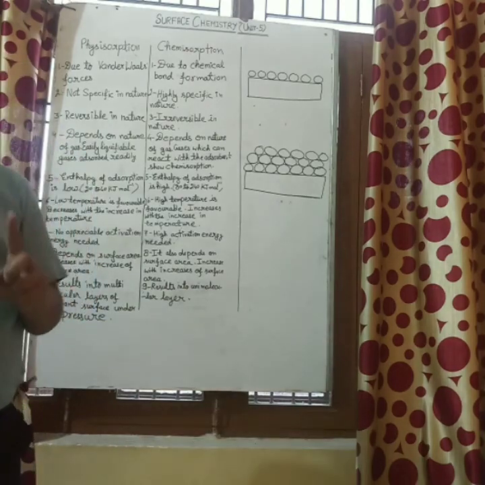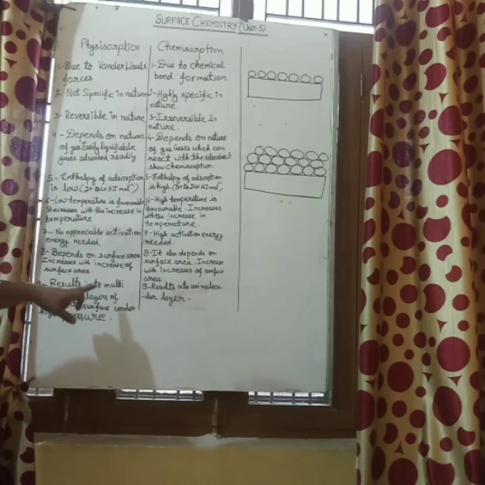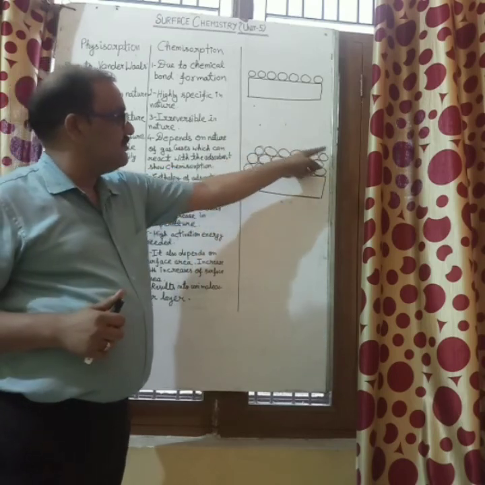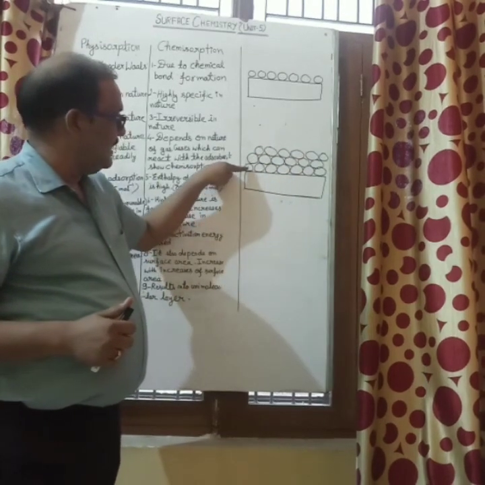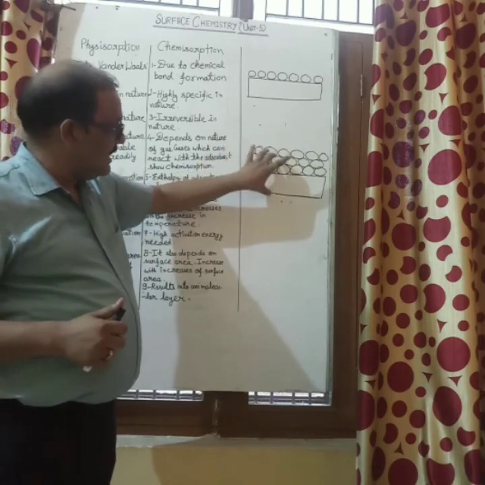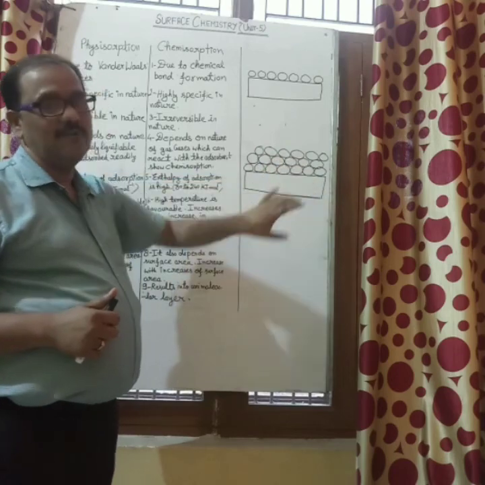Next is the important point, that is the physisorption forms a multimolecular layer. Physisorption forms a multimolecular layer, that is layer number 1, layer number 2, layer number 3. That is a multimolecular layer between the adsorbate and adsorbent.